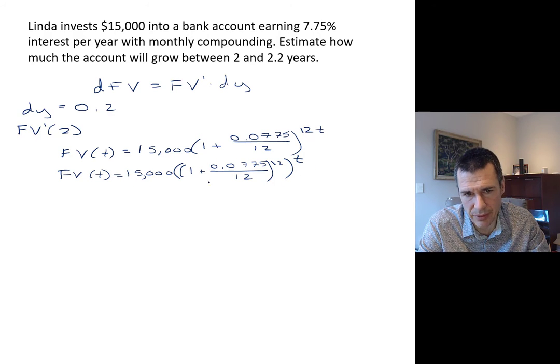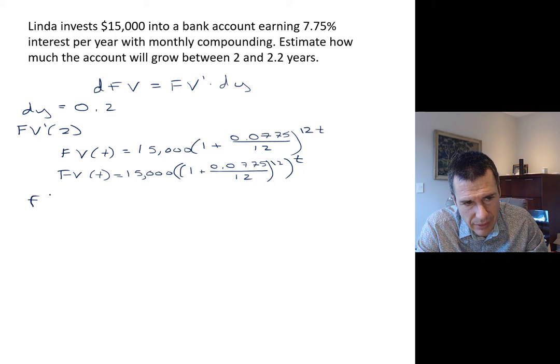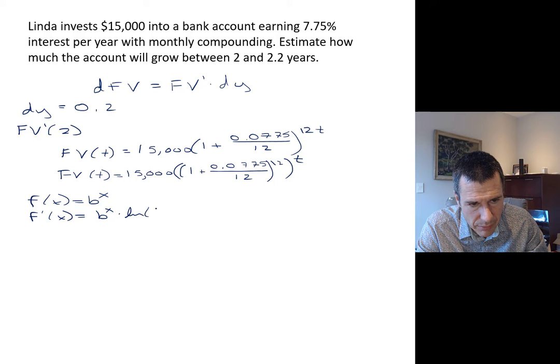Now we can take the derivative because this is just some number to the power t, and we know if we've got f of x equals b to the power x, then its derivative is b to the power x times natural log of b.